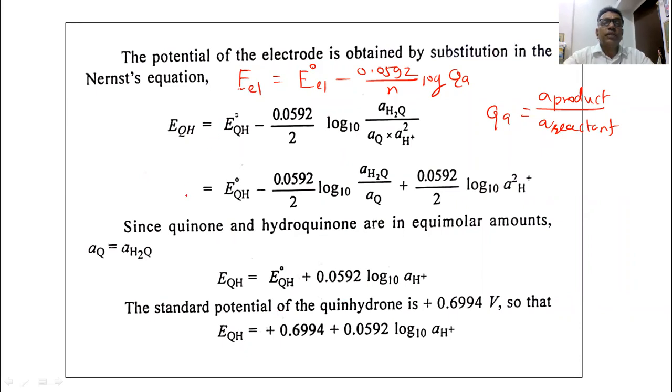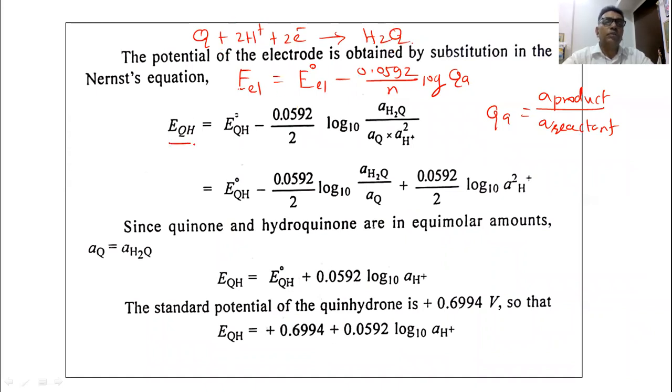So let us apply the Nernst equation to the cell reaction. Previously, we have written the cell reaction, that is quinone reacts with two hydrogen ions combined with two electrons, and it will give us hydroquinone. So let us apply the Nernst equation to this.